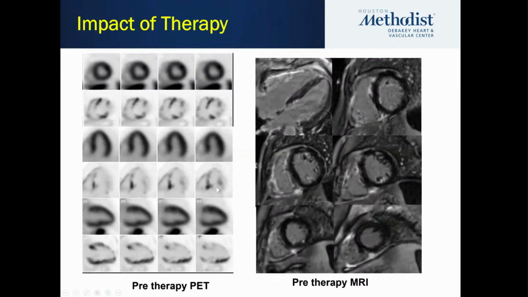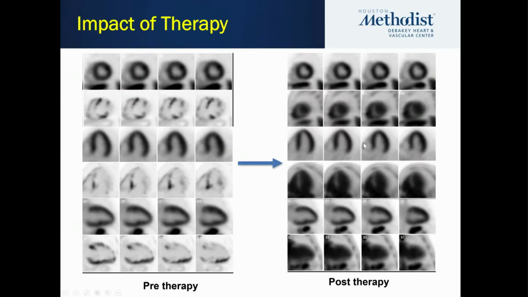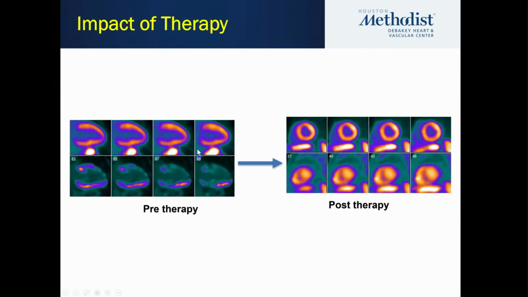Now, how do we follow it up? This is one of the patients I showed you earlier. This is his MRI. The patient was put on therapy, and on follow-up 3 months later, he has no FDG uptake in the myocardium, and there's complete resolution of the inflammation. Now all he has is blood pool. So this is his pre-therapy, and this is post-therapy.